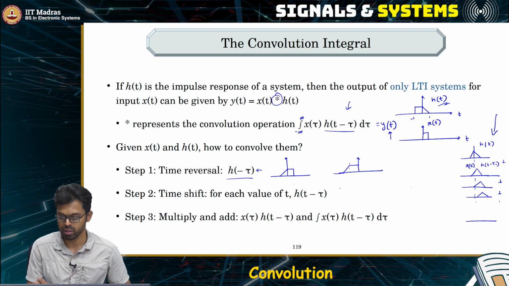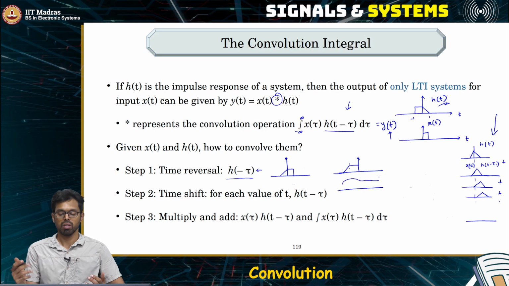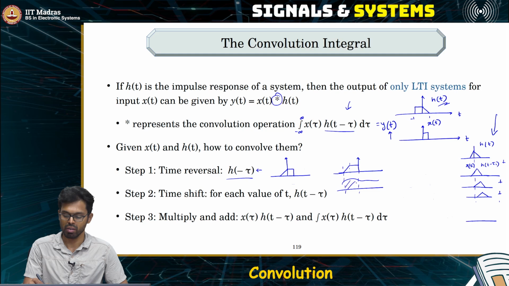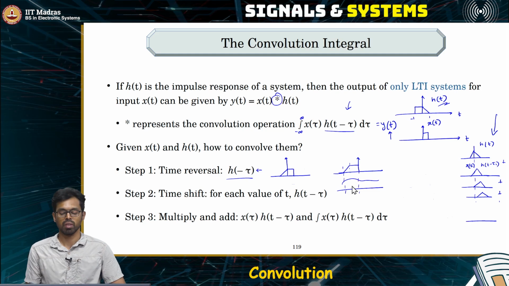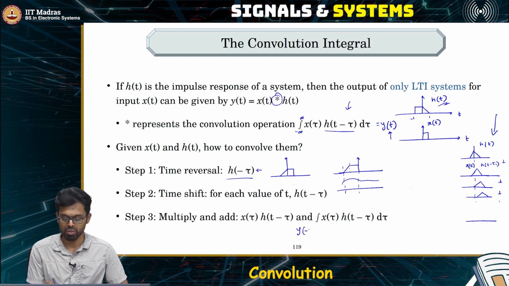Then multiply with your x of t and then find the area. Multiply, find the area, and that is equal to the signal's value at y of -1.